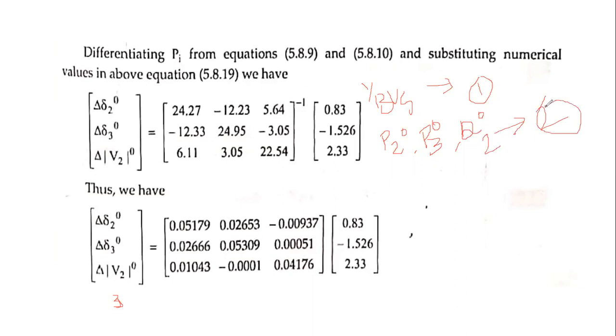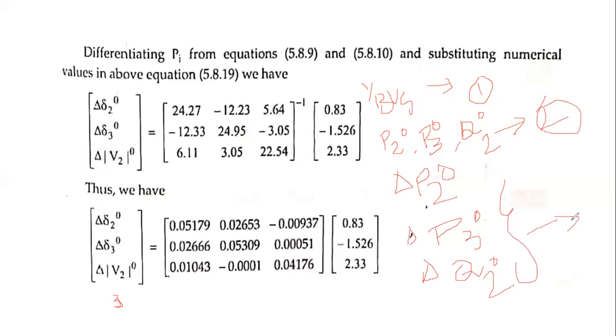What is step 3? The specified values are delta P2 power 0, delta P3 power 0 and delta Q2 power 0. Okay, this is the step 3. Then form these values, that is the step 4.